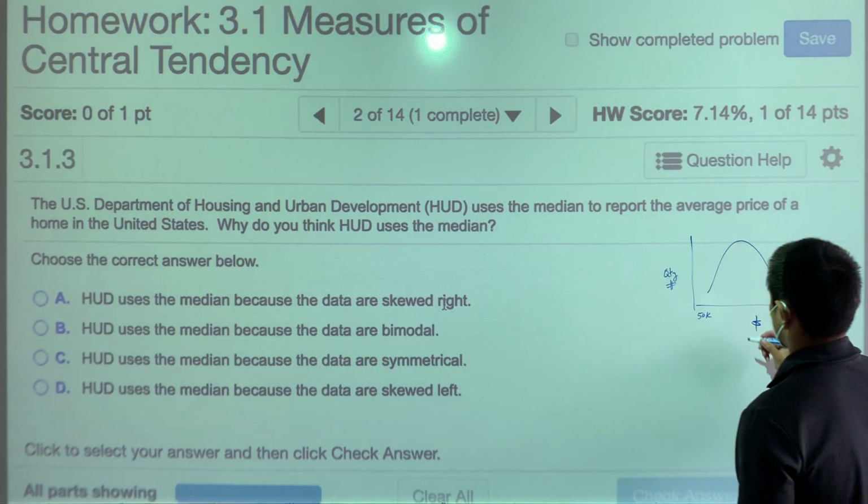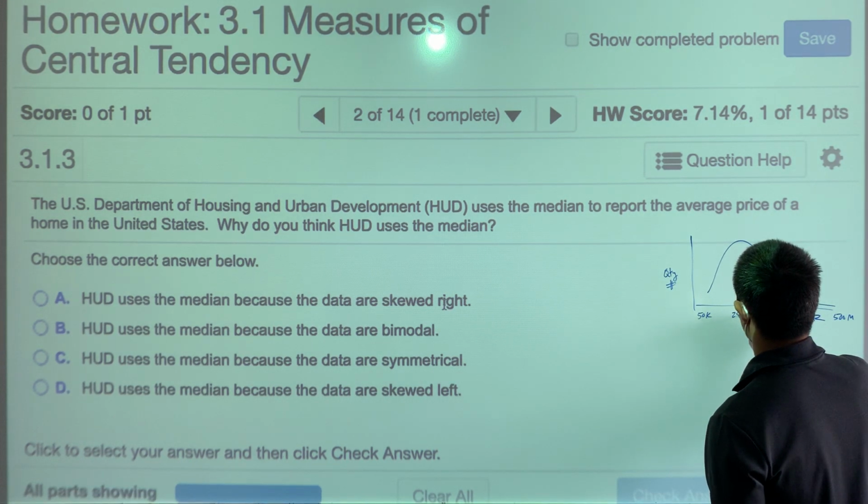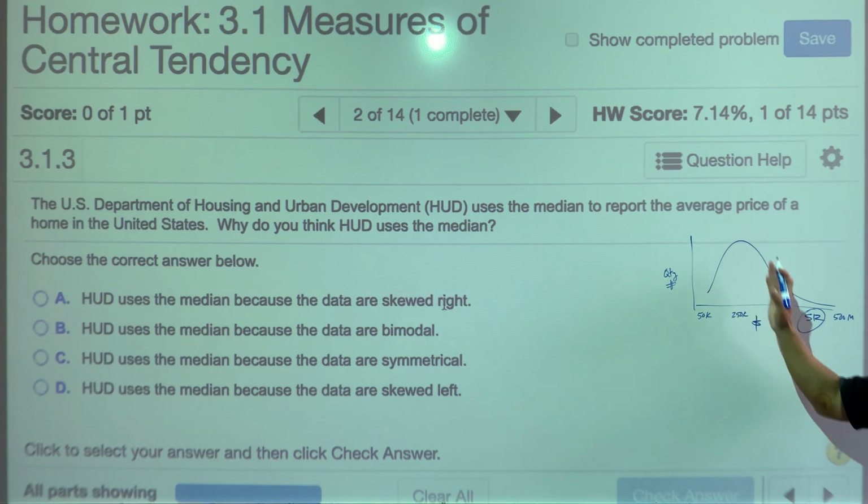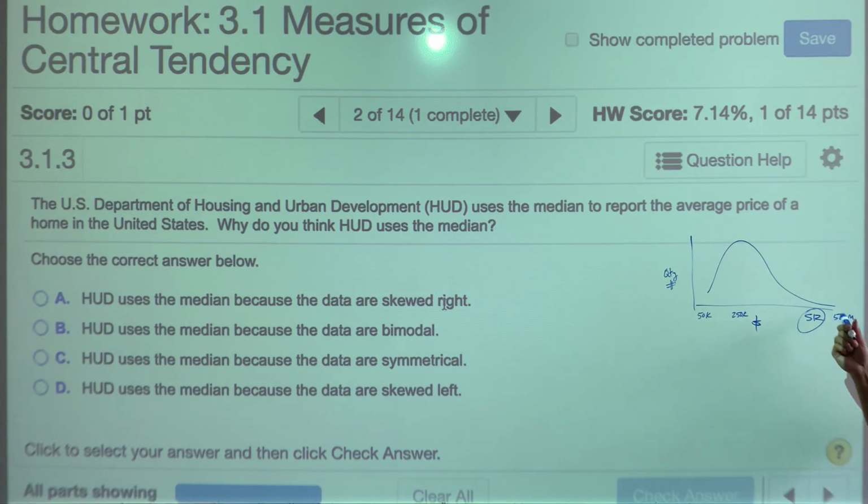Like, for example, in Texas, there are a lot of homes in the $250,000 range. So naturally, your data is going to be skewed to the right because there are more homes at the lower price point, because there are fewer people who can afford the expensive ones. If a lot of people could afford a $500 million home, then it would be bumped up here, okay?